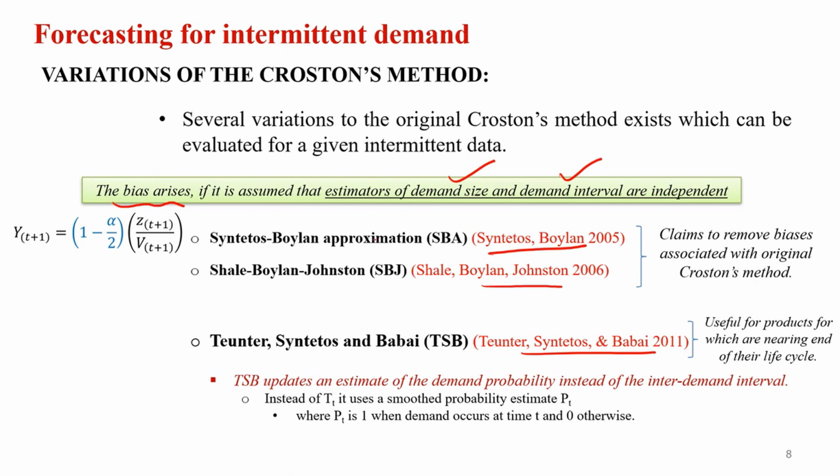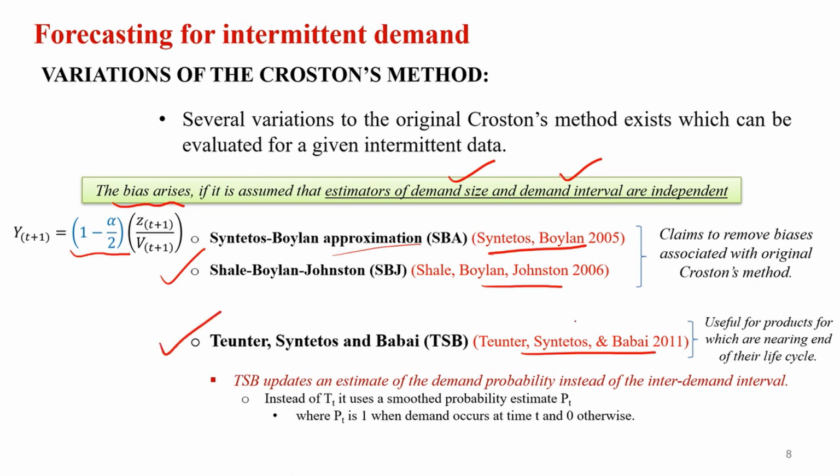So different authors gave different adjustment approaches to make the estimate unbiased. The SBA gave us this particular thing: the forecasted value is multiplied by 1 minus alpha by 2.